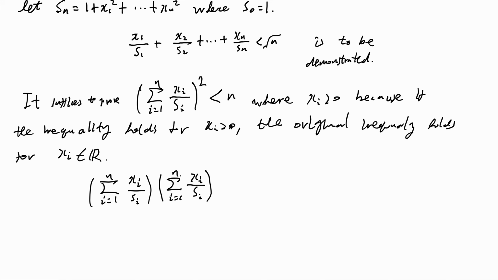But then I realized that addition has the commutative property, meaning we can switch the order of x of 1 over s of 1, x of 2 over s of 2, all the way until x of n over s of n. So switching the order does not change the sum.